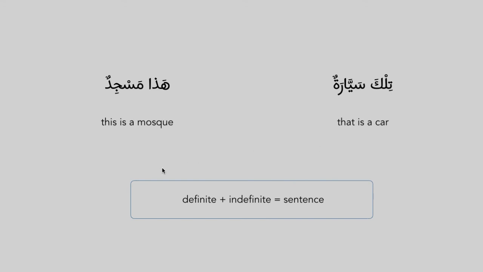You might not think you need this now, and to be honest, you probably don't. But as we go on, if you keep this in mind, it will make your life so easy for Arabic grammar. Because if you have definite, definite, you've not got a sentence. If you have indefinite, indefinite, you've not got a sentence. We'll see this play out as we go on.